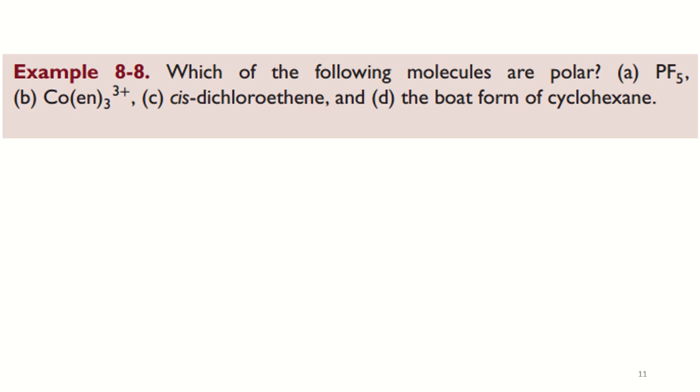For example, the first one is PF5, the second is Co(en)3 3+, the third one is cis dichloroethane, and the fourth one is cyclohexane in boat form.